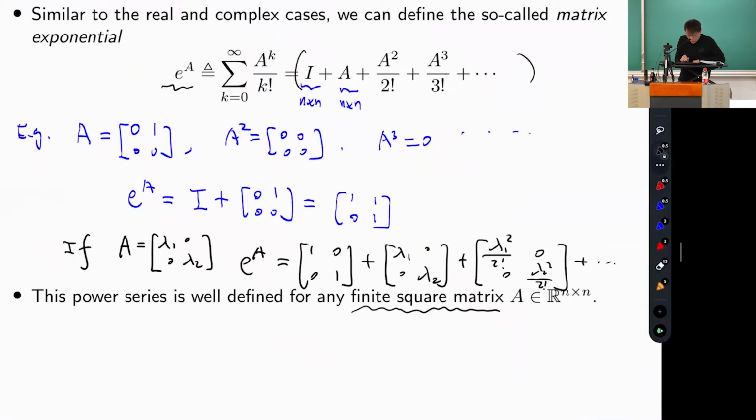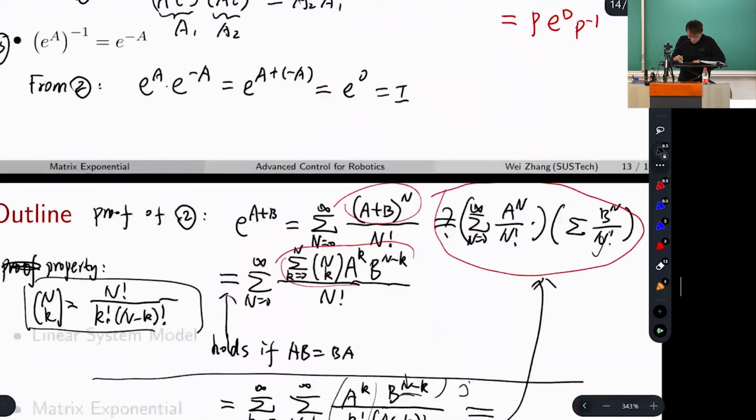So all the diagonal entries, when you sum them together, are just the definition of the exponential of the scalar lambda. That's the reason. So for diagonal matrices, you can directly move the exponential inside. For non-diagonal matrices, you have to follow the definition.